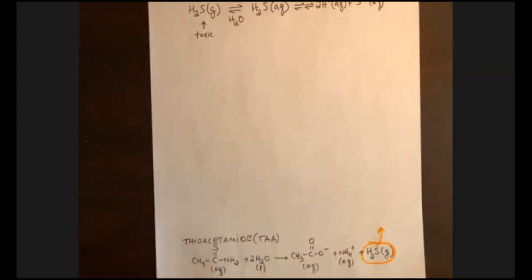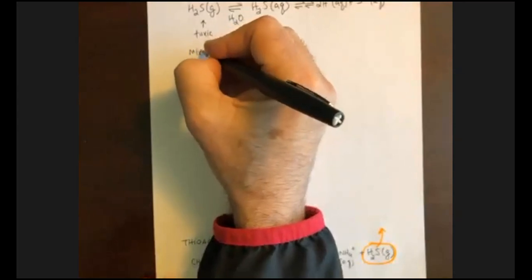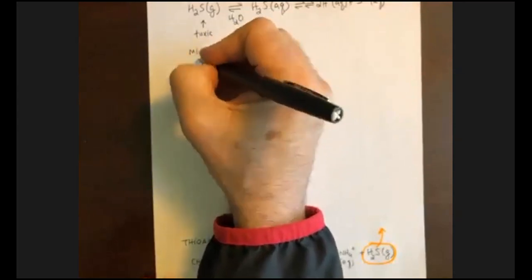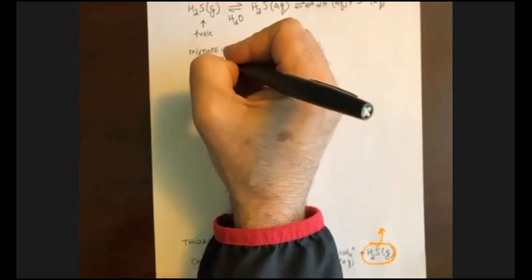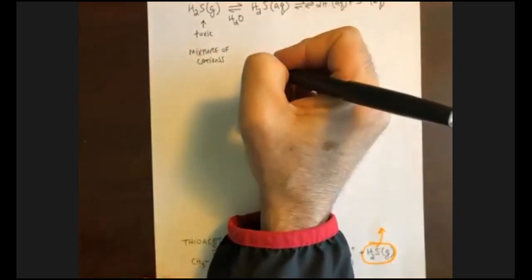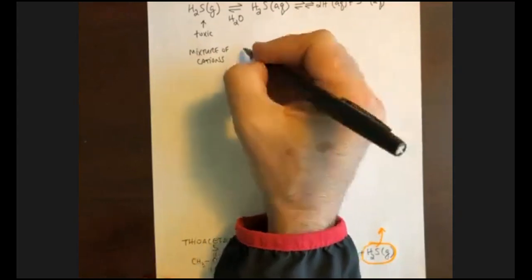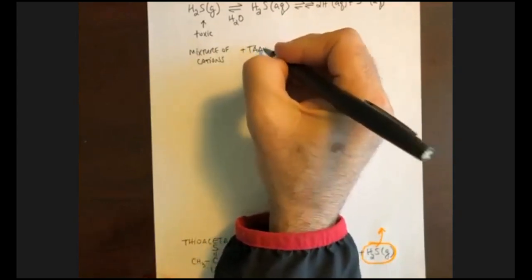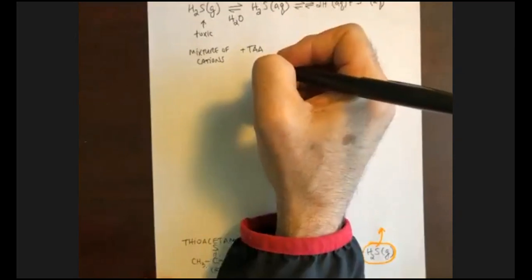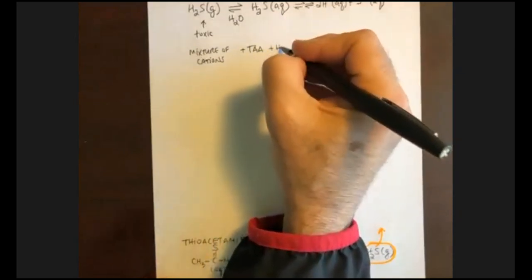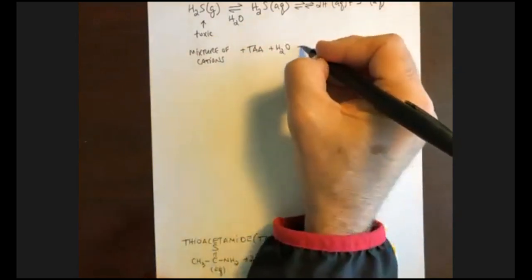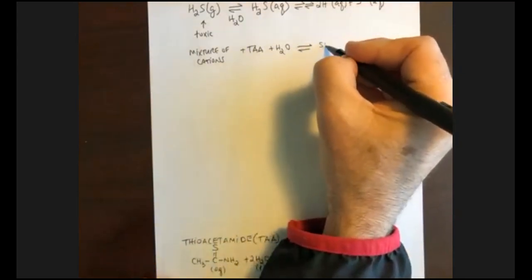So what we will do therefore is we will have our mixture of ions, known or unknown. So you have a mixture of the cations, all right? We will react it with TAA and water, in order to get our precipitates, our sulfide products, right?